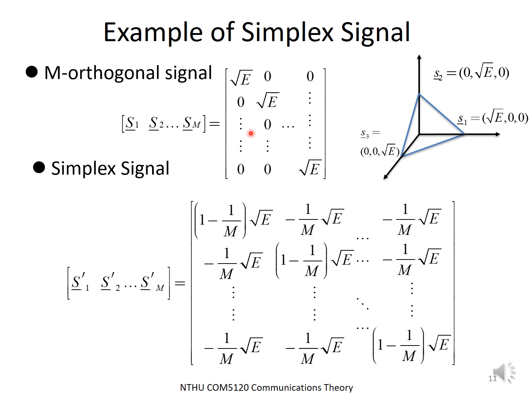The simplex signal of this set of MFSK, M-array orthogonal signals, would be a shifted version of each vector or each symbol. Every component is shifted by a constant amount.